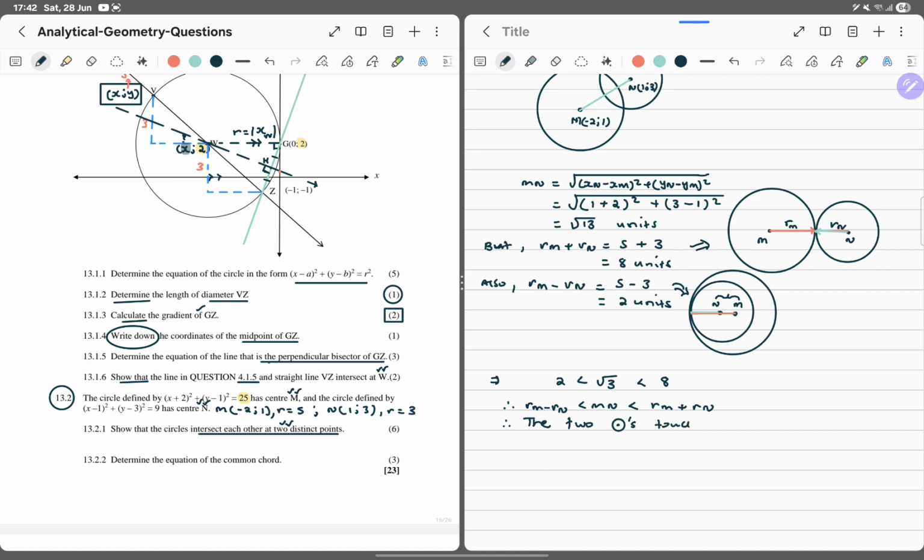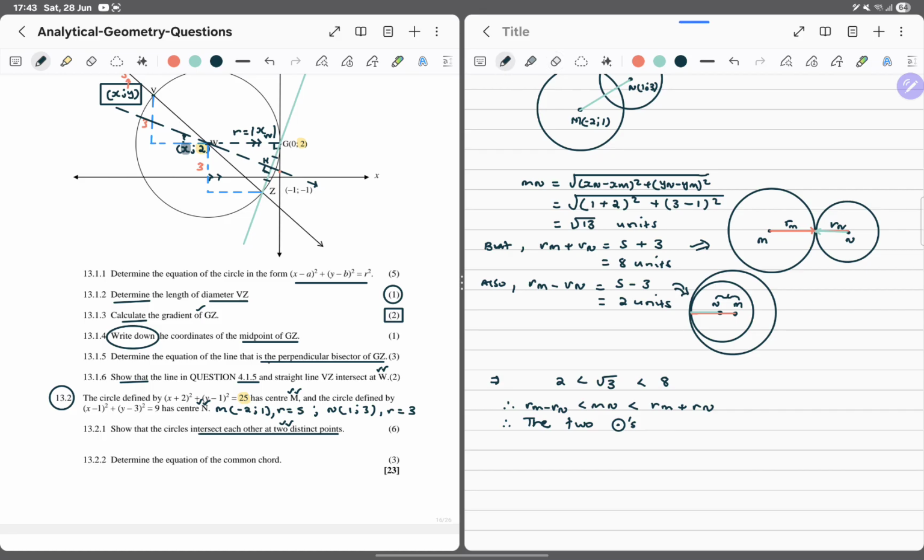intersect at two distinct points. Let's put it the way we were given.